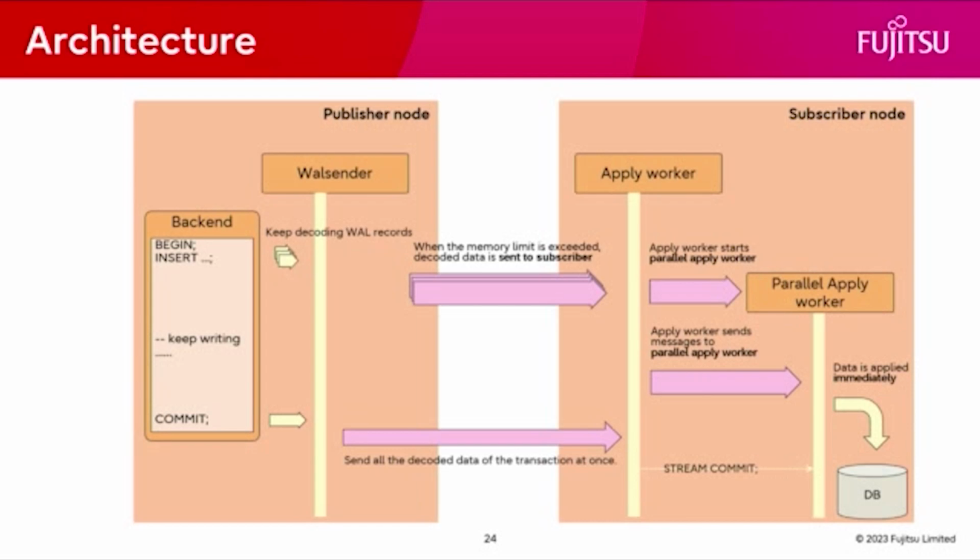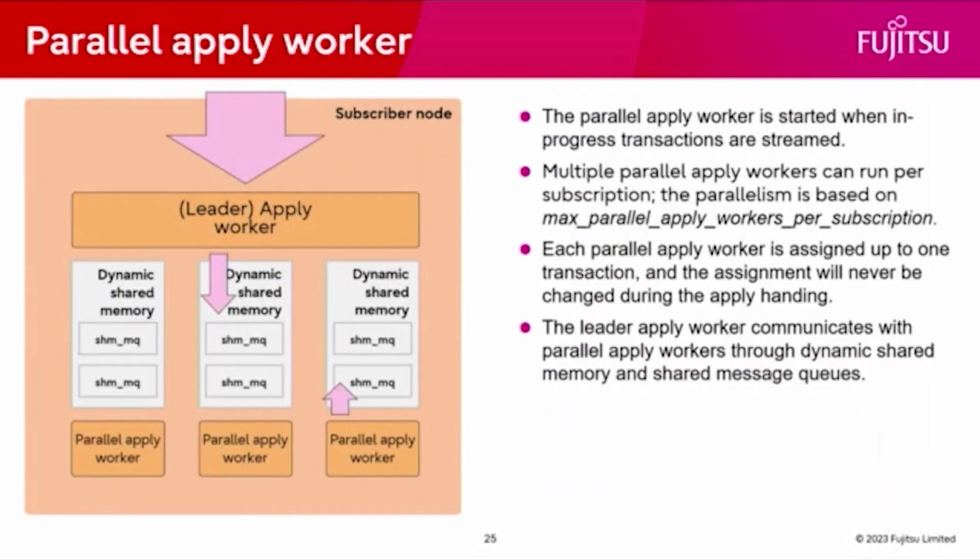In this talk, I will dive deeper into the parallel apply worker and its workflow. A parallel worker starts when in-progress transactions are streamed from the publisher side. The normal apply worker is responsible for controlling parallel workers, so in this talk, this process is sometimes referred to as the leader apply worker.